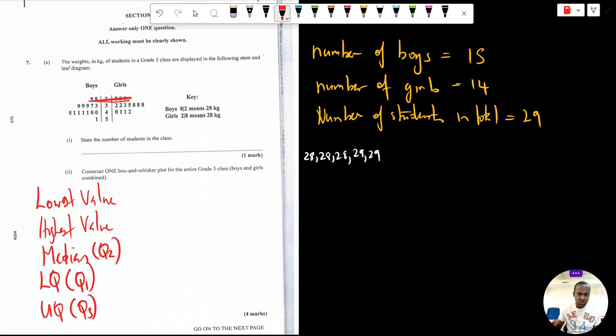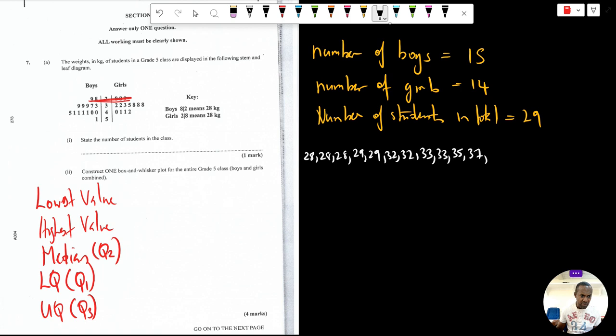For the girls, we have two 32s. So we're going to have 32, another 32 there. We have 33 on the girl side. We also have a 33 on the boy side. We have a 35 on the girl side, and we have a 37 on the boy side.